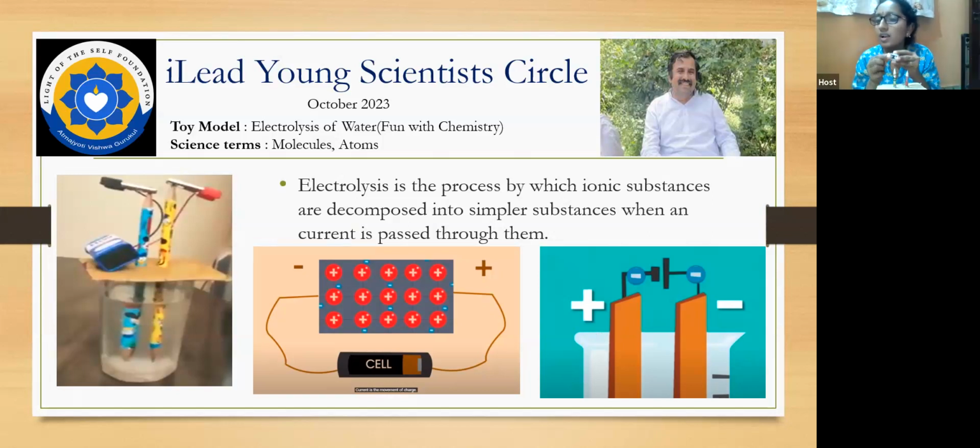The pencil connected to the positive terminal of the battery is called anode. Anode and cathode. Your anode will emit one gas and your cathode will emit another gas. That is, hydrogen is emitted at one terminal and oxygen at the other. Hydrogen and oxygen, you can observe.